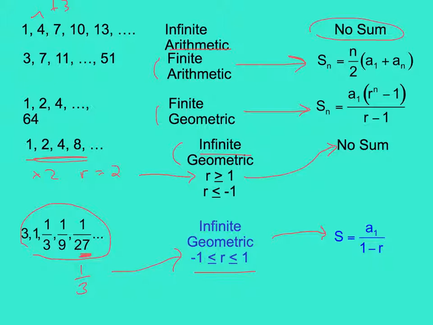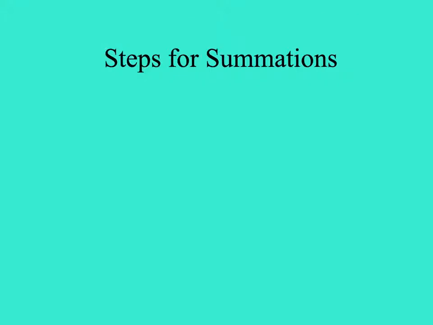So we can obtain that certain number through this formula: sum equals A1, that's our first term, all divided by 1 minus R, our common ratio. So when we're given a problem, we're going to have to follow a procedure.